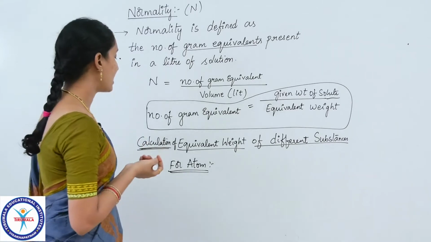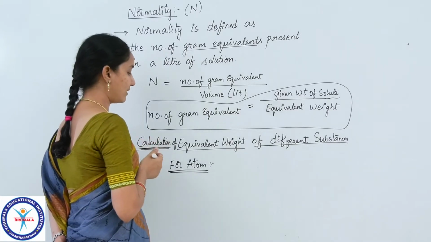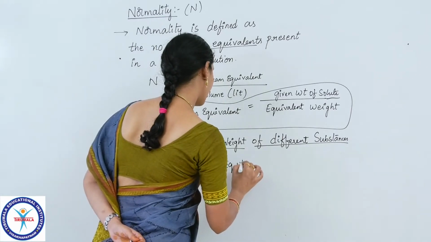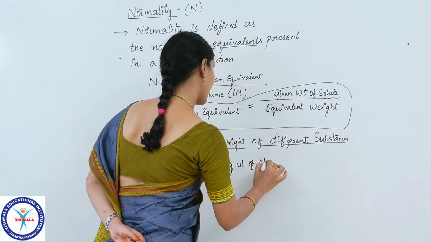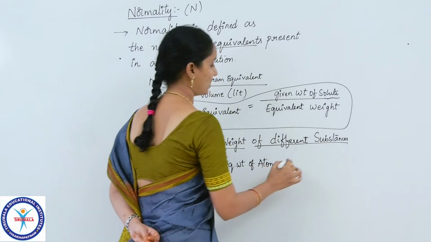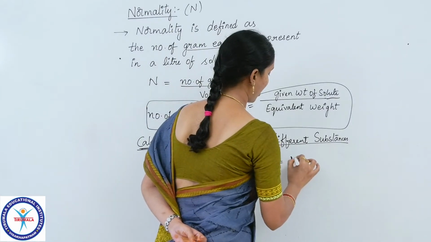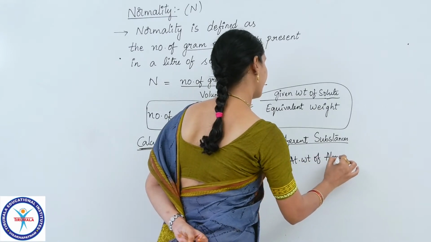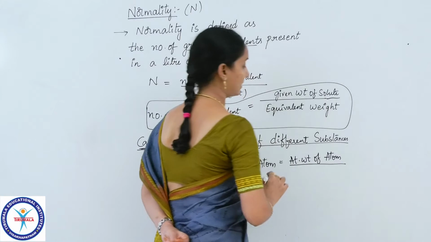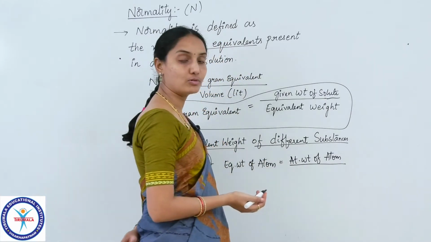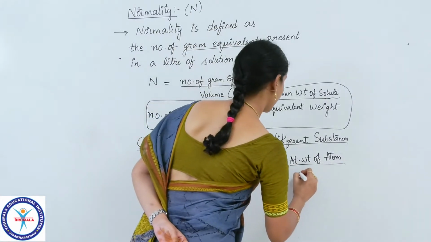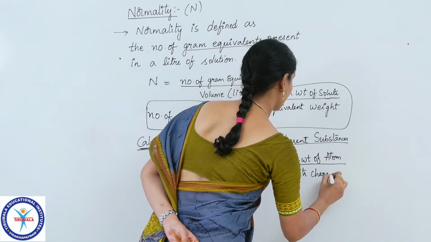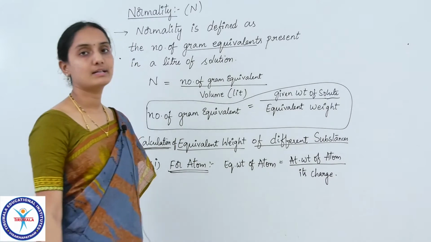Then the equivalent weight of an atom is equal to the atomic weight of that atom divided by its charge.